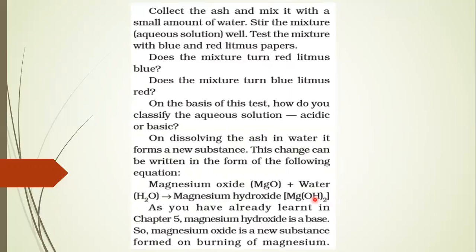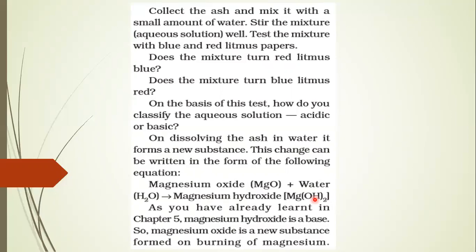Bases turn red litmus paper blue, and there is no change in blue litmus paper. So how will we check that magnesium hydroxide is a base?